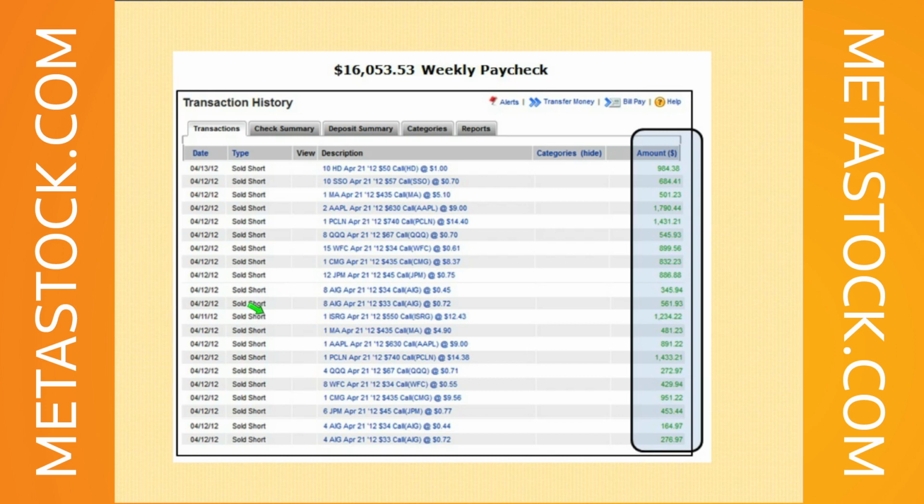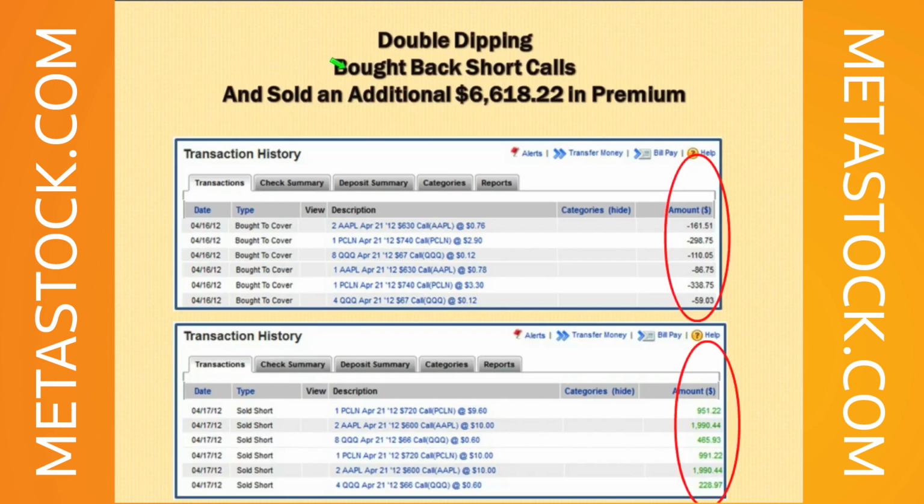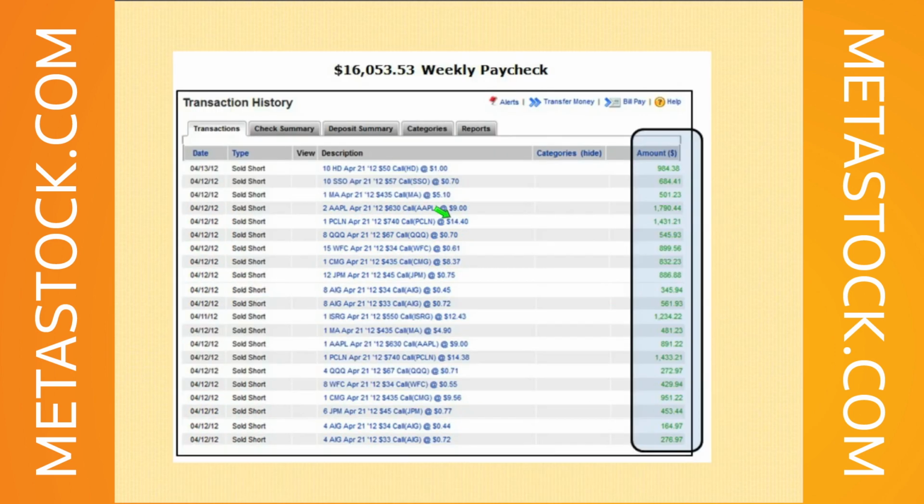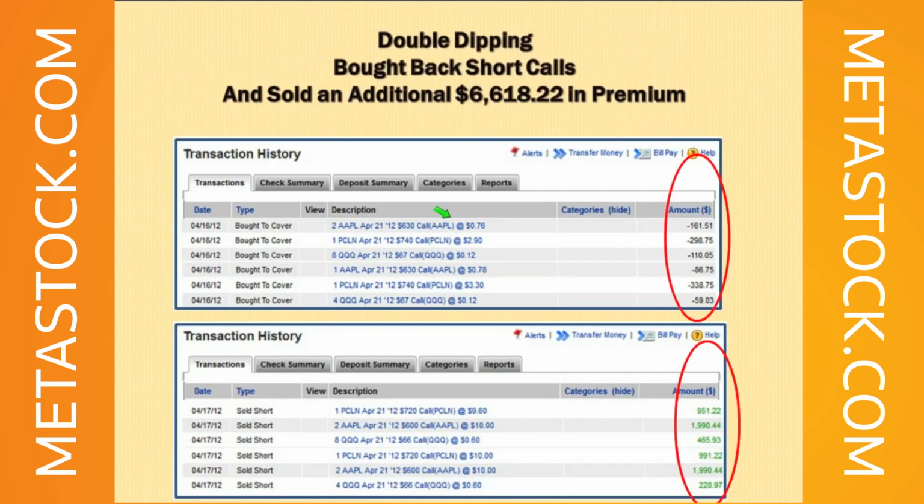And what I'm showing you here is an example of double dipping. I showed you this one when I collected $16,000 in premium that week. Now what happened was the market dipped that week, and these confirmations show that I bought back a lot of those short options to cover. I sold $16,000 in premium, and after just a day or two I was able to buy back a lot of these options, and that cost me about $1,000 to buy back.